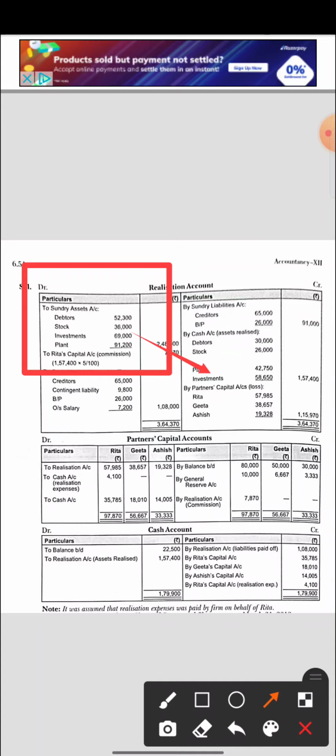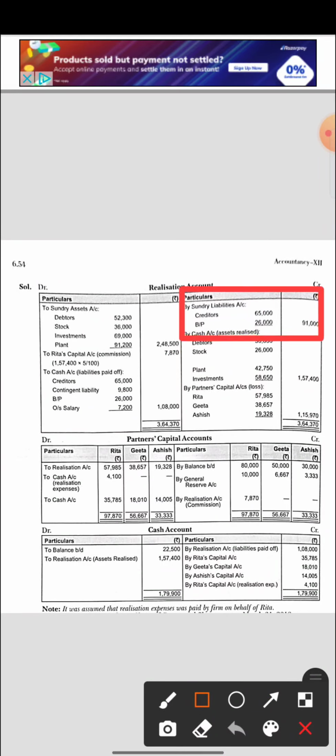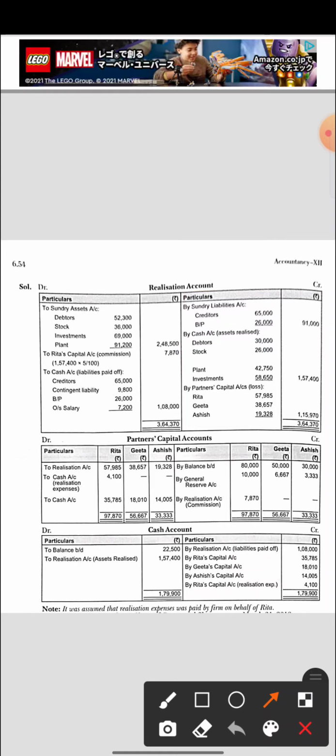The same thing happens even with the liability side. This was taken from the question, but after repaying it back, it goes to the debit side. Okay, I hope you are clear with that. That's what happens with the realization account. Interchange, cross multiplication, whatever word you want to use to remember.